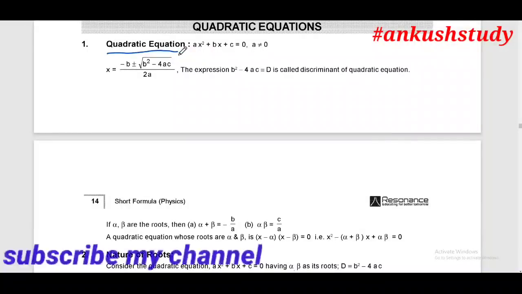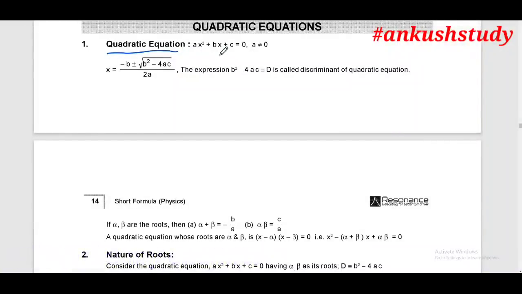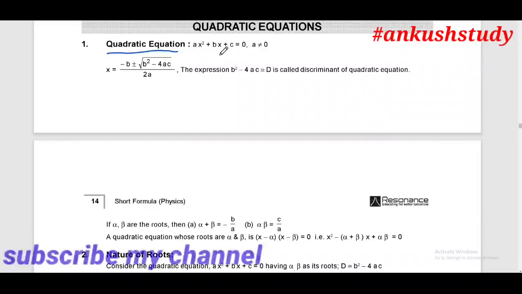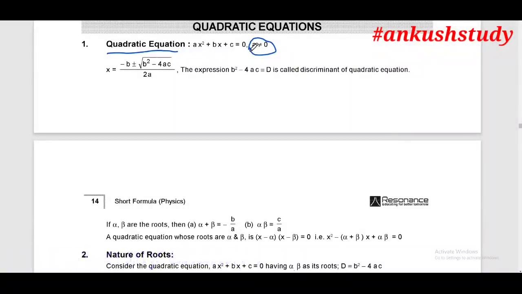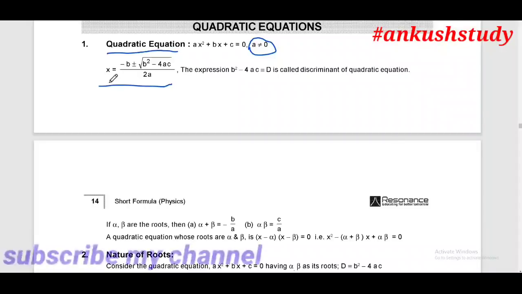Okay, so this is the basic one: ax square plus bx plus c is equal to 0, where a is not equal to 0. And this is the formula for finding x. Okay, so x is equal to minus b plus minus under the root b square minus 4ac upon 2a.